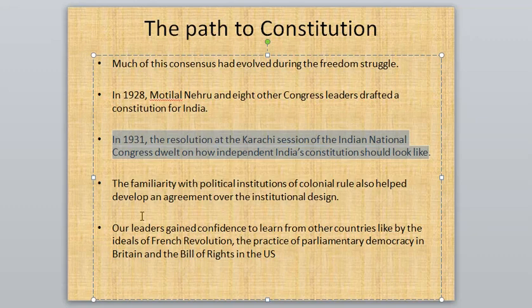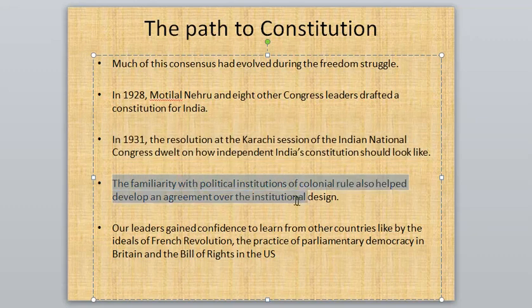Then the familiarity with the political institutions of colonial rule also helped develop an agreement over the institutional design. Means you will see that elections were held around 1937, and in many of the provinces, we, the Indians, won the elections.